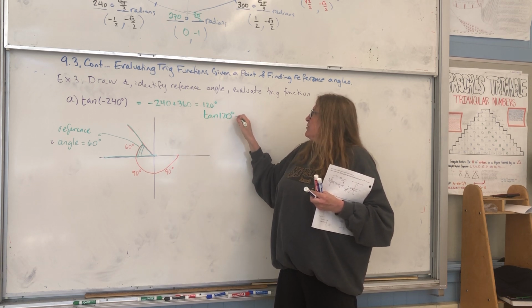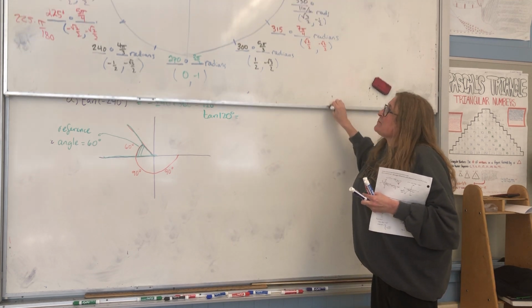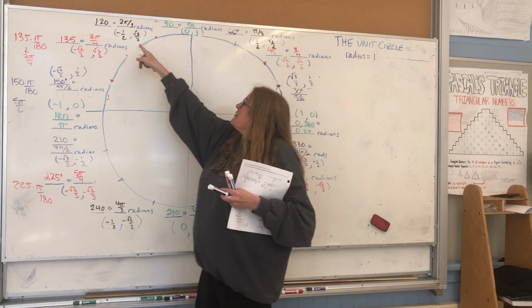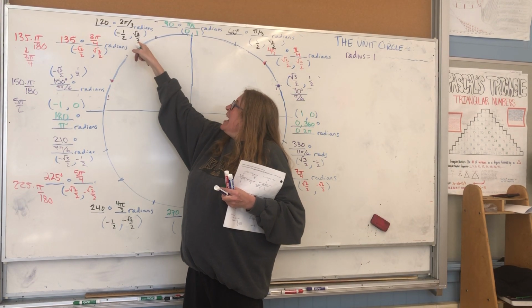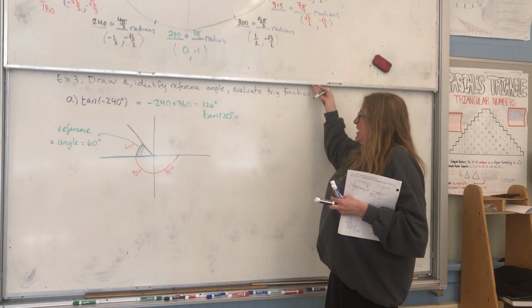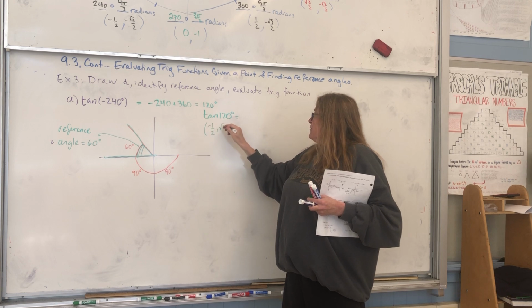So let's go up to our unit circle and find 120 degrees. For 120 degrees, the coordinates are negative 1/2, comma, root 3 over 2.